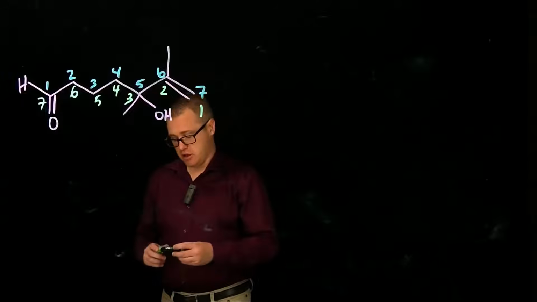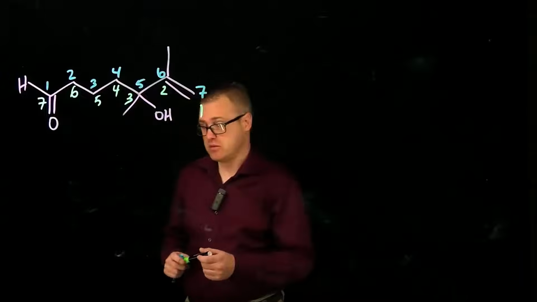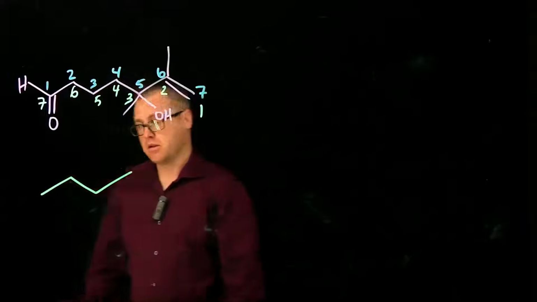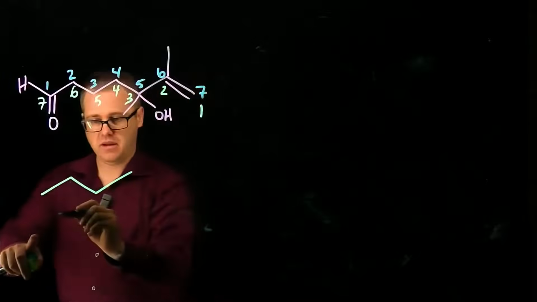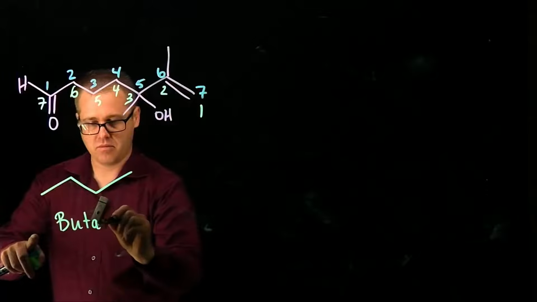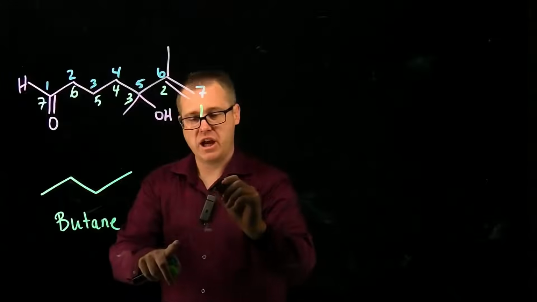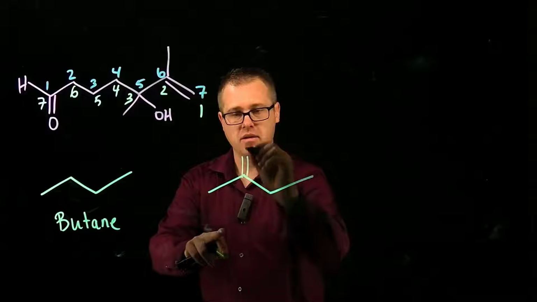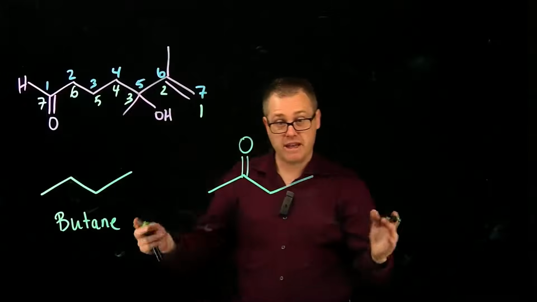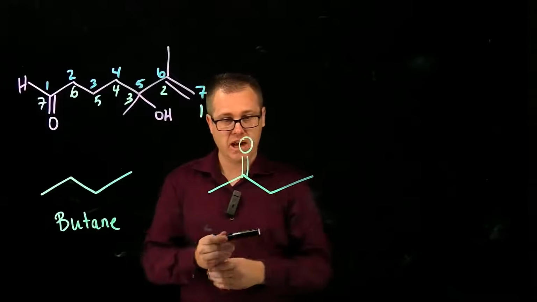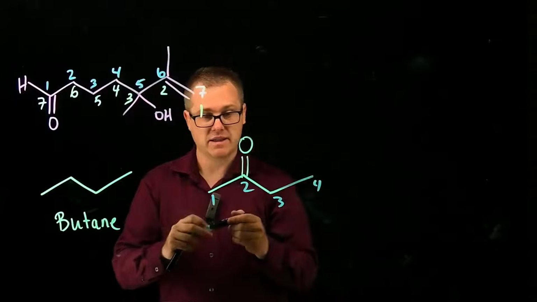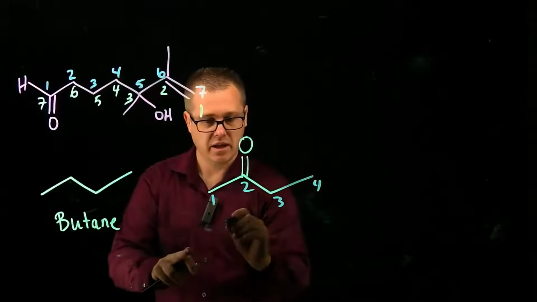Now let's take a look at ketones. So if we have that right there, that is what? Butane. But if I change that up to something that looks like this, it is now a ketone, the longest carbon chain. 1, 2, 3, 4. So that's still a butane.